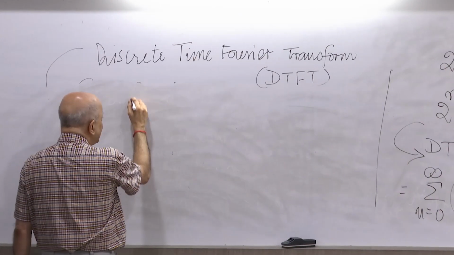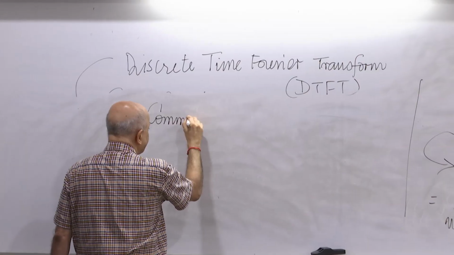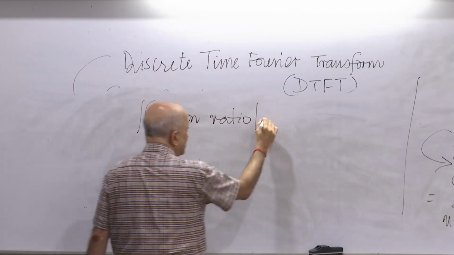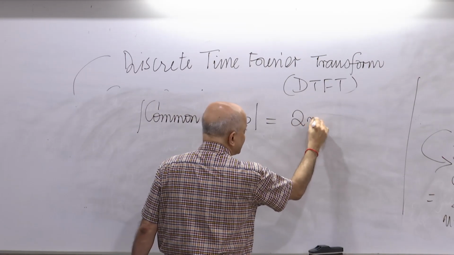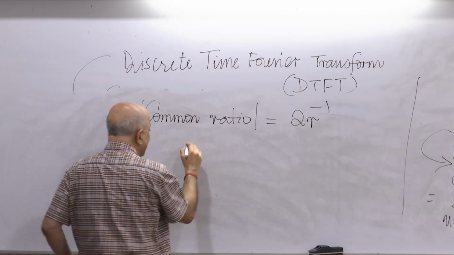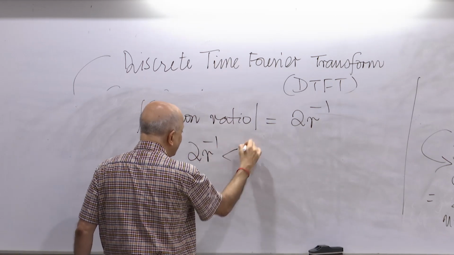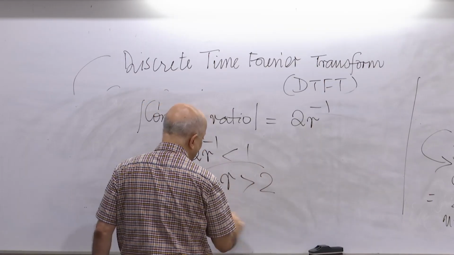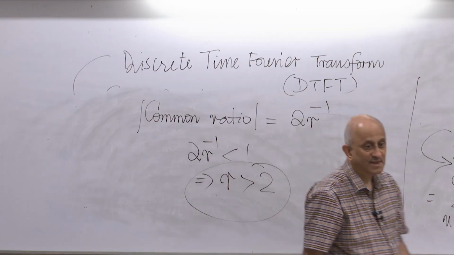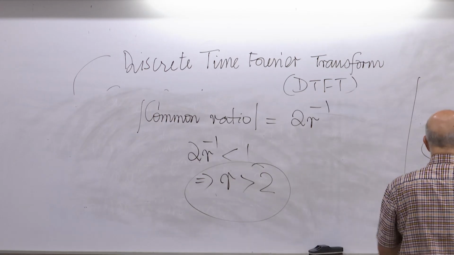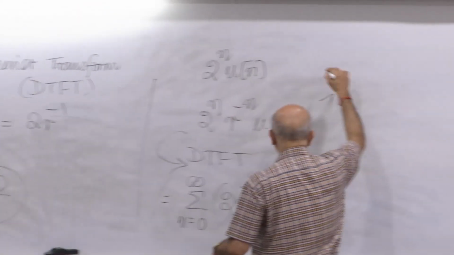So here the common ratio is 2r inverse, and the common ratio magnitude needs to be less than 1, which means r must be greater than 2. Is that right? If r is greater than 2, the exponential growth is arrested. And now you can sum this. And what is the sum?